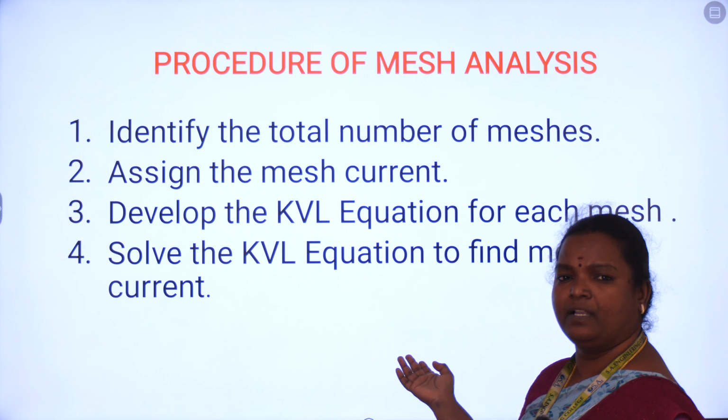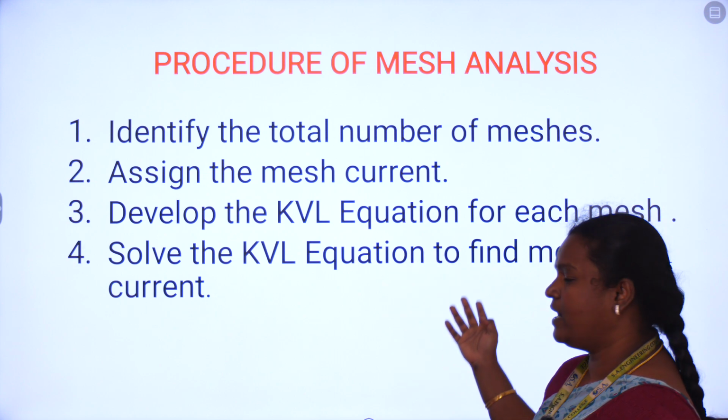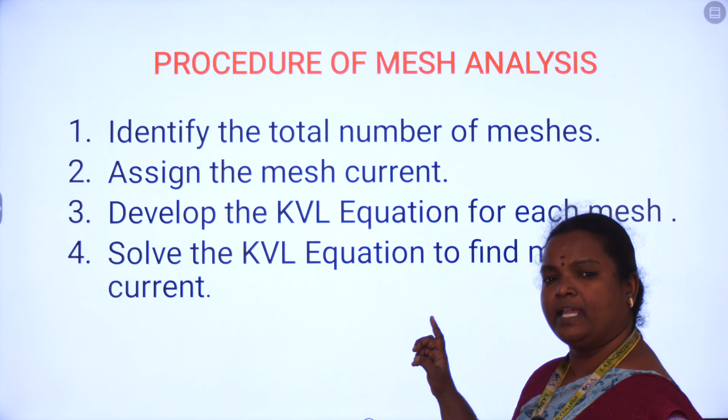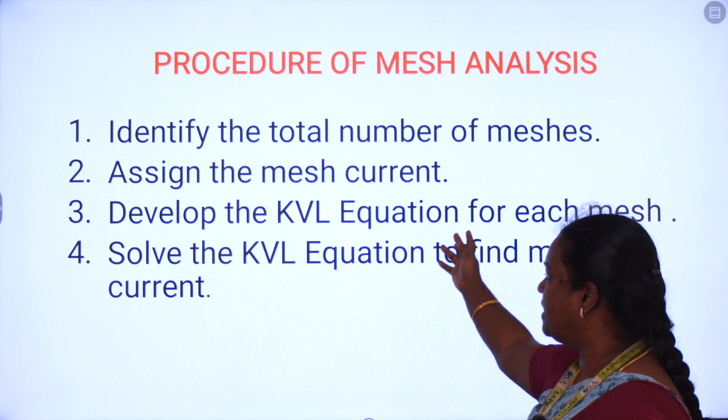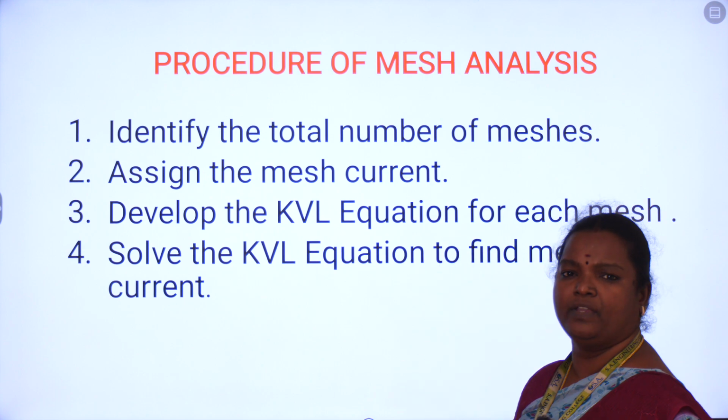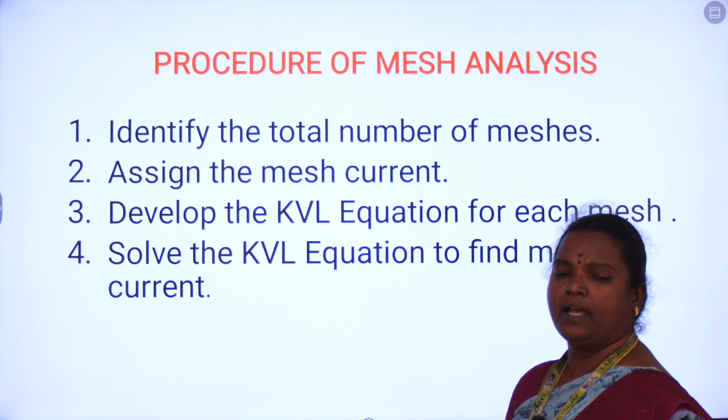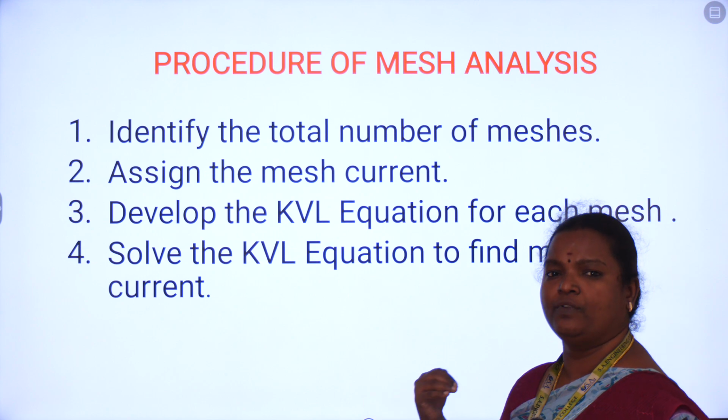By considering KVL, we write the equation for each and every mesh. After writing the equations, we solve them either by the equation method or by the matrix method in order to find the individual mesh currents.